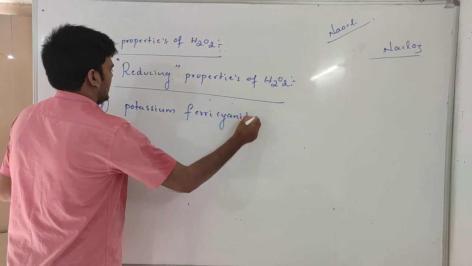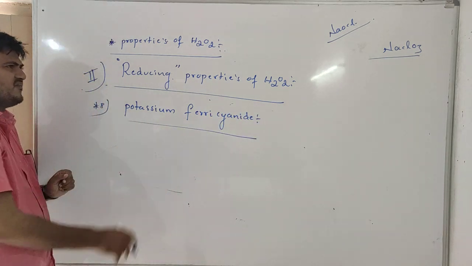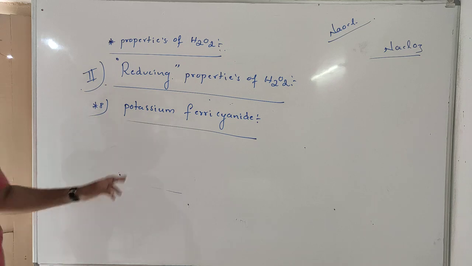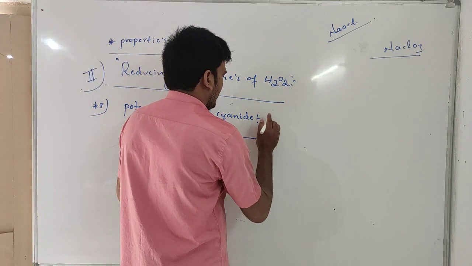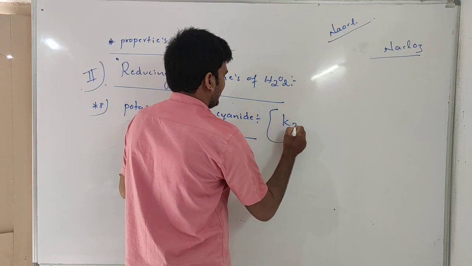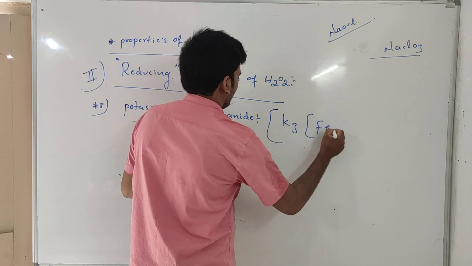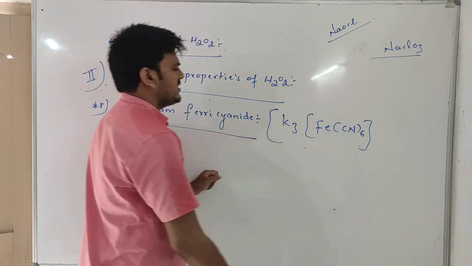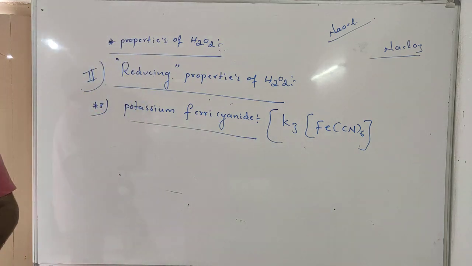Ferricyanide, not ferrocyanide. Generally, potassium ferrocyanide has formula K4FeCN6, but potassium ferricyanide has formula K3FeCN6. So this is potassium ferricyanide.